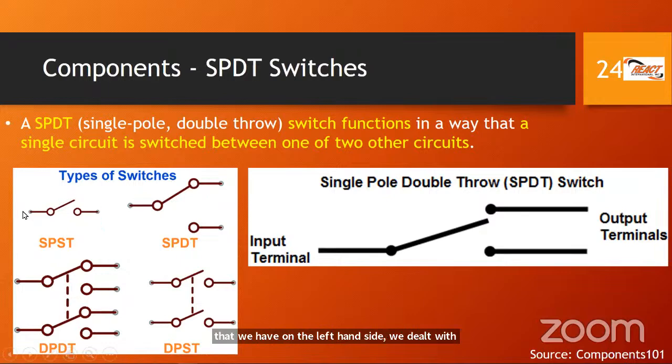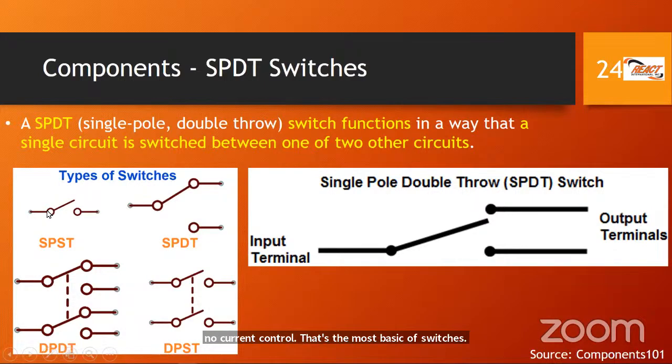We said this is a single pole single throw or SPST symbol. It's basically an on-off switch or a toggle switch. It's either on when this line meets here and the current flows, or it's off, meaning it's open, so no current can flow. That's the most basic of switches, but it's not the only type of switch.